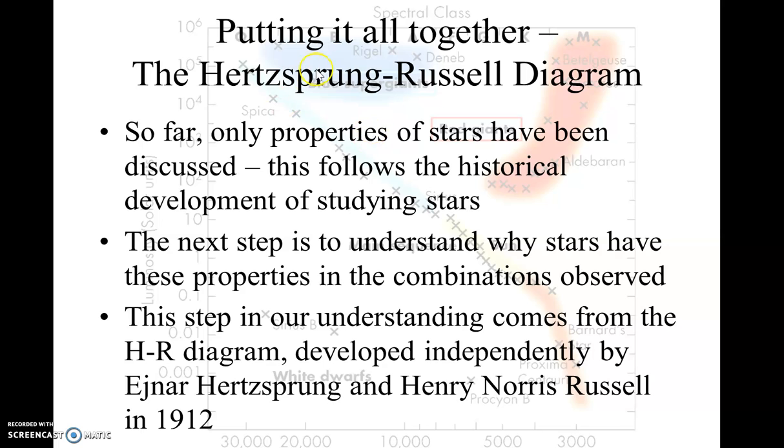All right. Now the Hertzsprung-Russell diagram is an extremely important discovery that these two guys, Hertzsprung and Russell, made. It's sometimes called the HR diagram. It was developed over 100 years ago, in 1912.